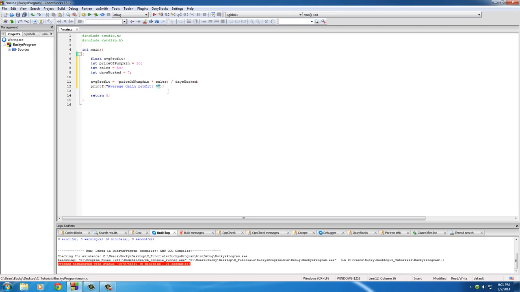So dollar sign, and then percent sign, float, and since this is a dollar amount, let's use 0.2, because it'll be like $1.50 or something, 2 decimal places. And of course the float that we want to output to the screen is average profit.